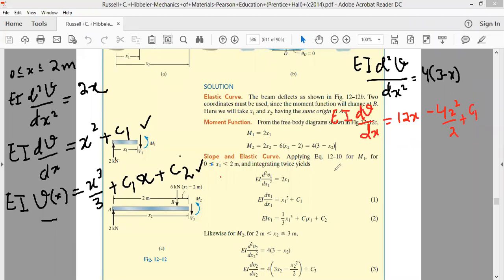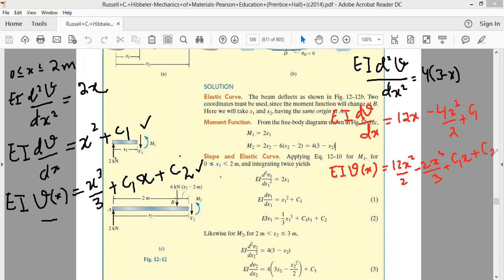We'll perform one more integration. EI nu as a function of x, the integral of d nu by dx will be nu. EI nu as a function of x is equal to integral 12x is 12 x square by 2, minus, this is 2 and 2, this is minus 2, integral x square is x cubed by 3, integral c1 is c1x, and one more constant of integration c2.